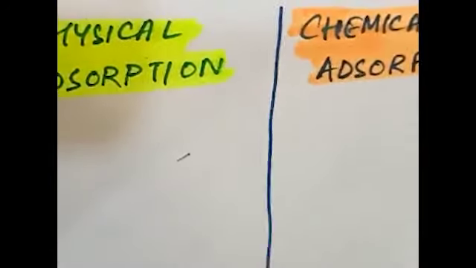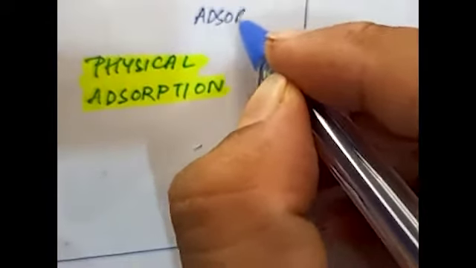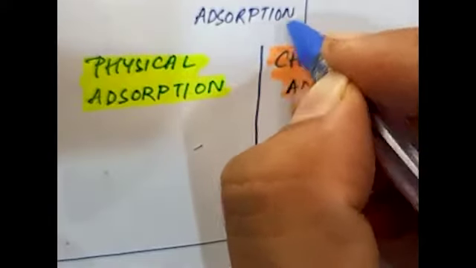Next, adsorption can again be classified into 2 types. Adsorption जो होता है उसको 2 तरीके से क्लासिफाई किया जा सकता है. Adsorption can be classified into two types.